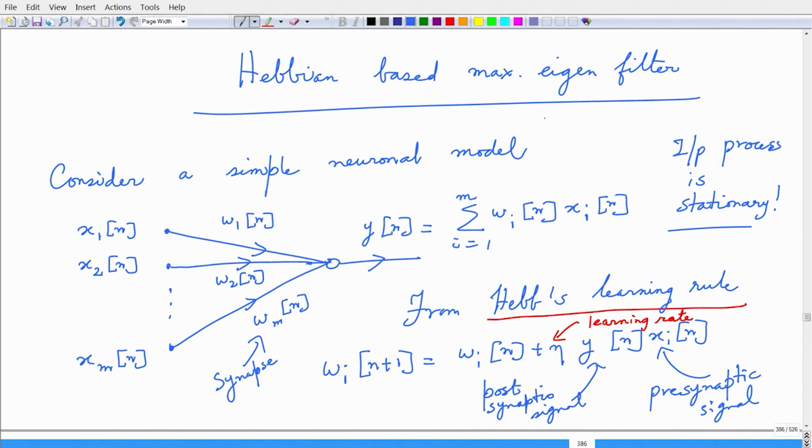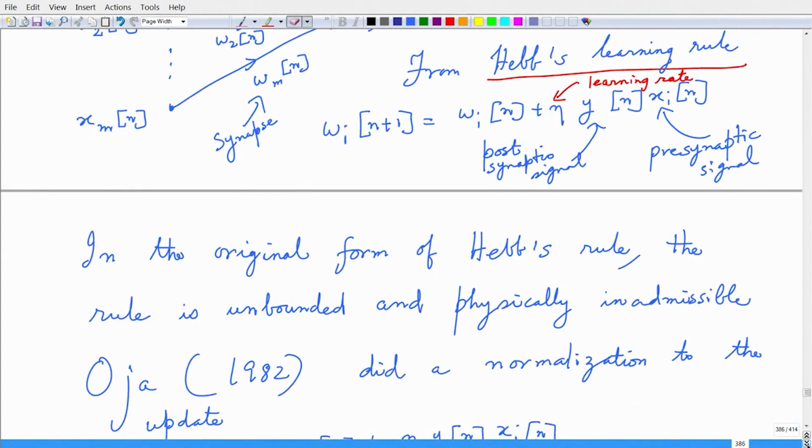Now, this update, as we see in this equation, is not bounded, because if xi increases and y also increases, y increases in proportion to x, then this update becomes unbounded. The update becomes unbounded and physically inadmissible.